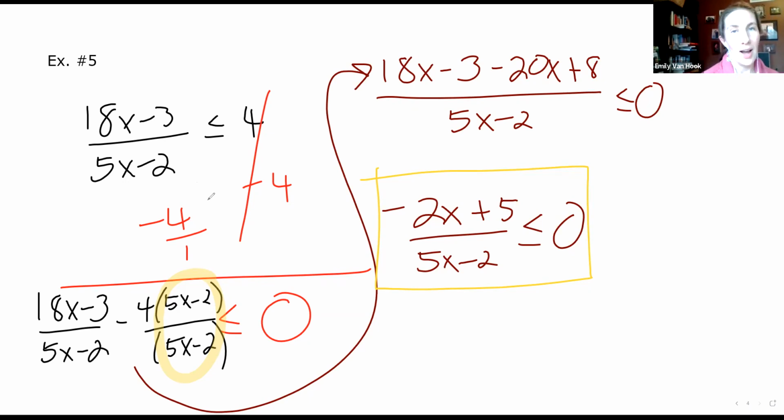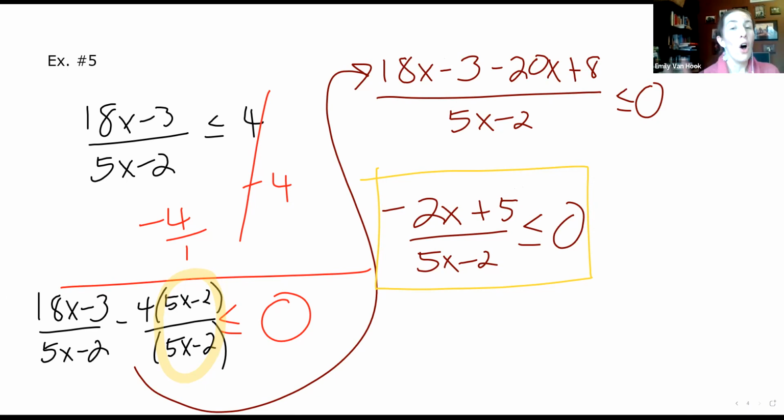I had to multiply the top and the bottom by 5x minus 2, and then combine the fractions together. Notice that I distributed the minus 4: minus 4 times 5x is minus 20x, and minus 4 times minus 2 is positive 8. Then I combined like terms in the numerator: 18 minus 20 is minus 2x, and minus 3 plus 8 is positive 5.